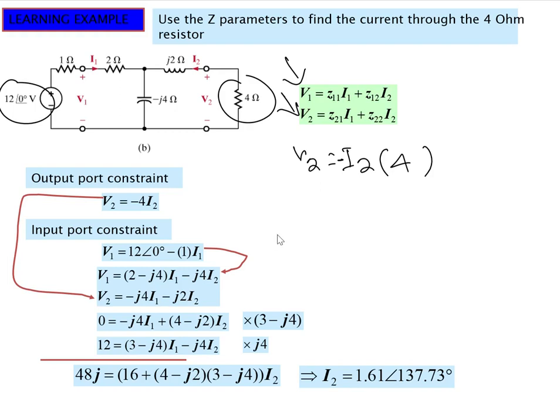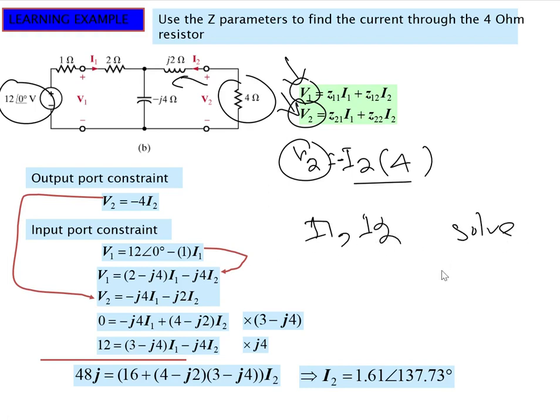Why minus I2? Because the current is going away from the source, not into the resistance but outside the resistance. So put this V2 as minus 4 I2 and V1 as 12 volt in these equations, and then we will be left only with I1 and I2.